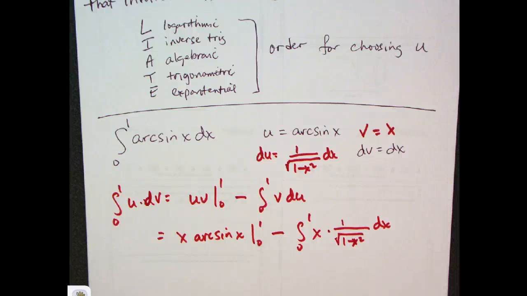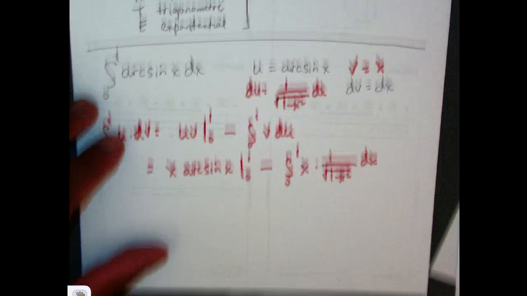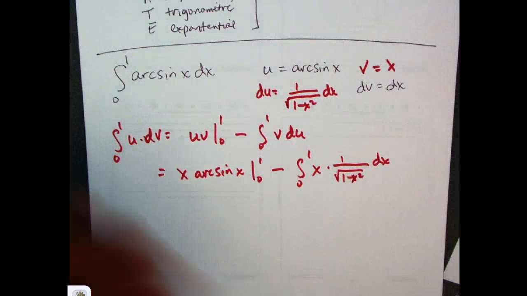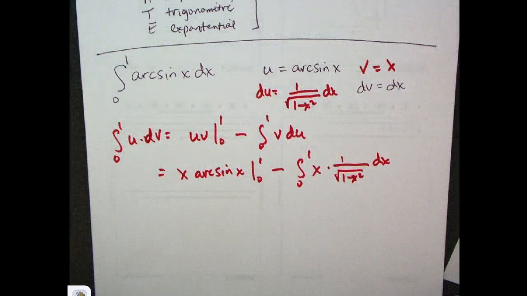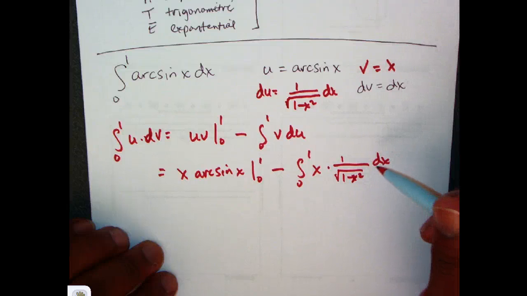Okay. So this second part here is basically x over the square root of 1 minus x squared. It's a u substitution. So we're going to let u equal 1 minus x squared, which is a problem that we've done before. And then du is negative 2x dx, and then we can compensate for the dx there.